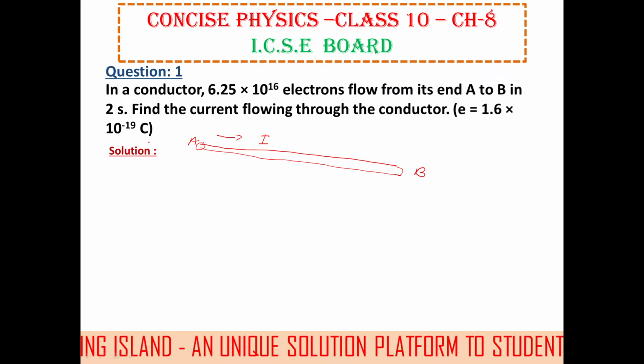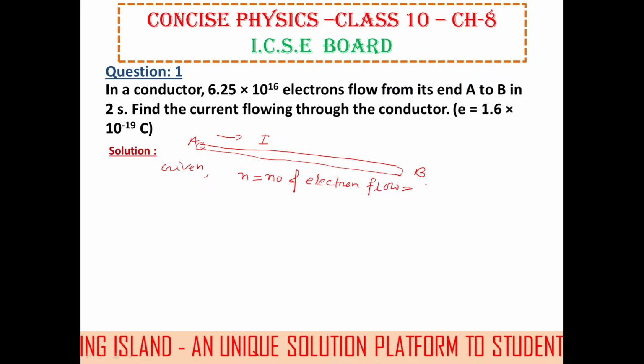The other data given is n equal to the number of electrons flowing.